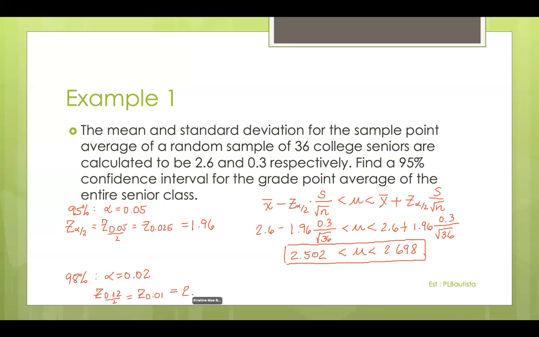This is the z value with an area closest to 0.99 to the left. Now plug in 2.33 into our formula. You're just changing the z value. So you would have 2.6 minus 2.33 times 0.3 over the square root of 36, and on the upper limit, you just have the plus. Solving for this, you will arrive at the following.